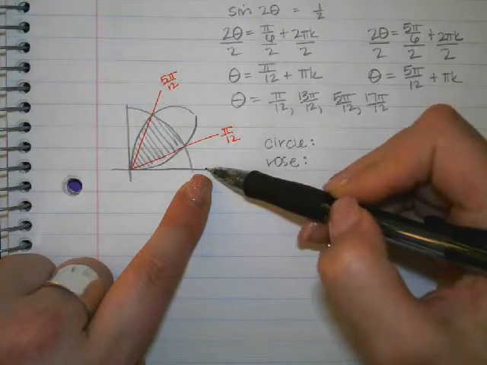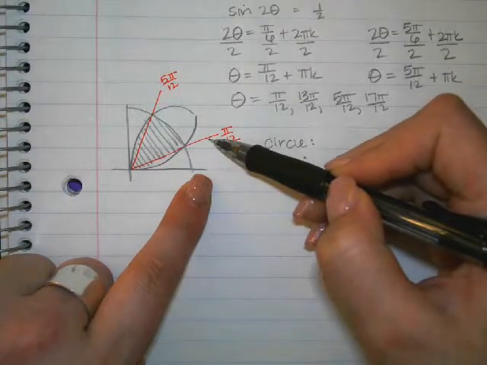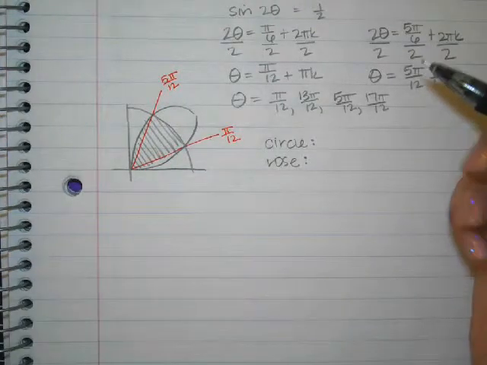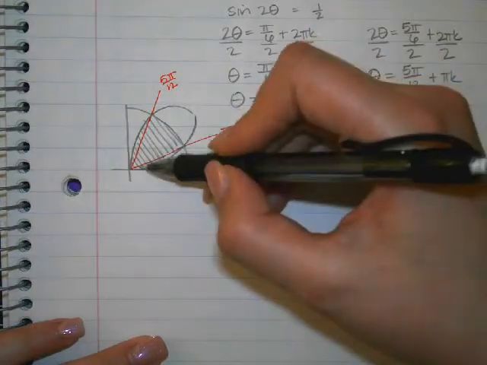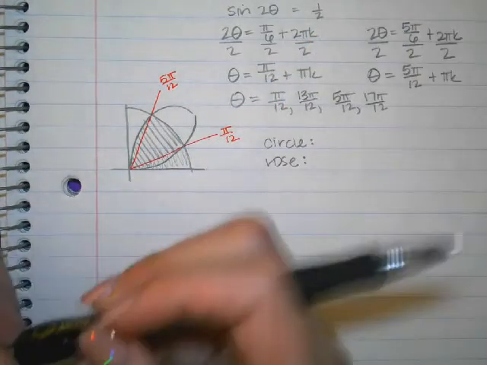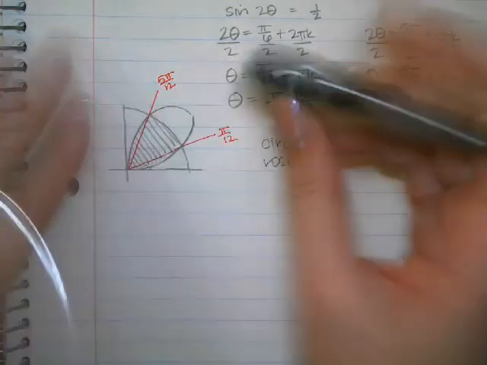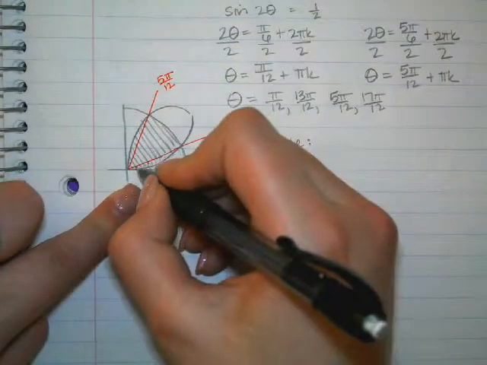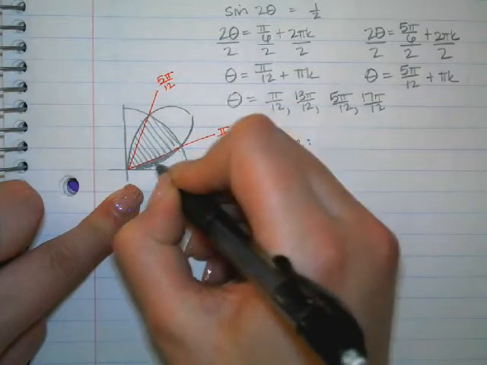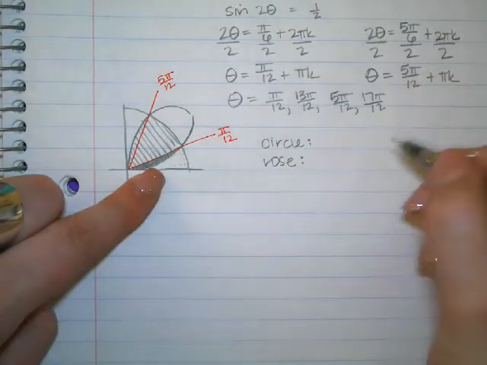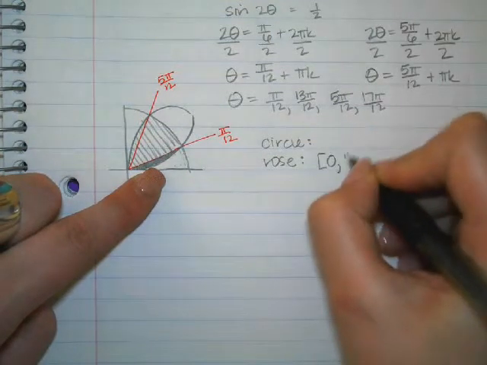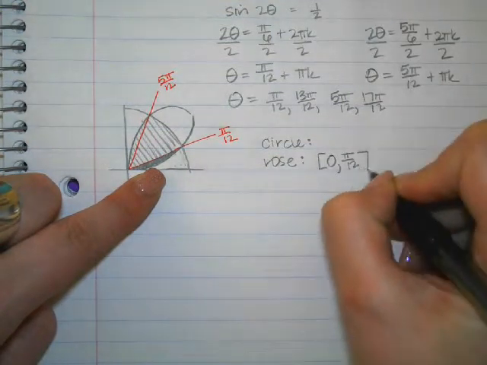For the interval from 0 to pi twelfths, should we use the circle or the rows? The rows. Because the circle, you would find this whole sector. Is that what you want? No. So for that first interval, if we do the rows, it will only do this part of the rows, which is exactly what we want. So I'm going to say for the rows that we're going to do from 0 to pi twelfths.